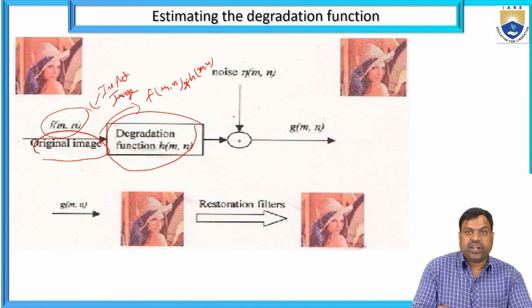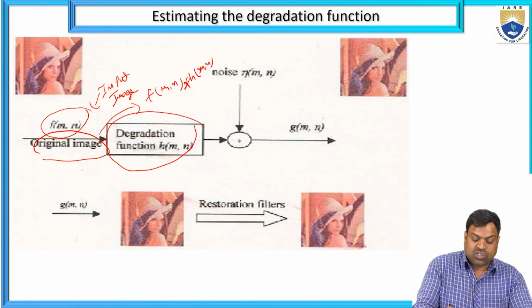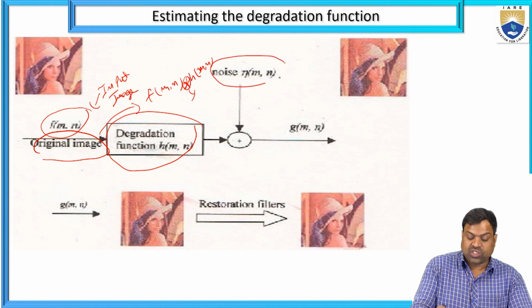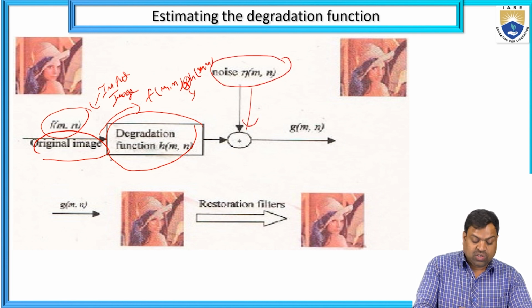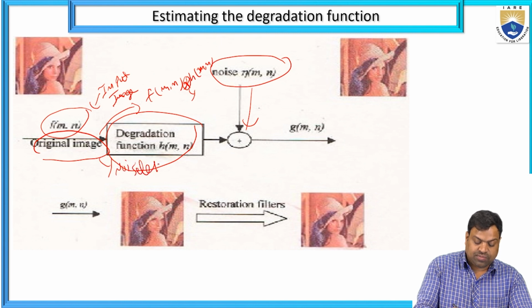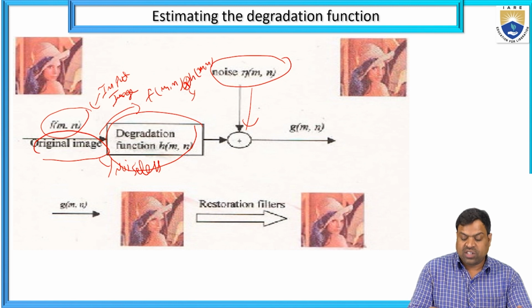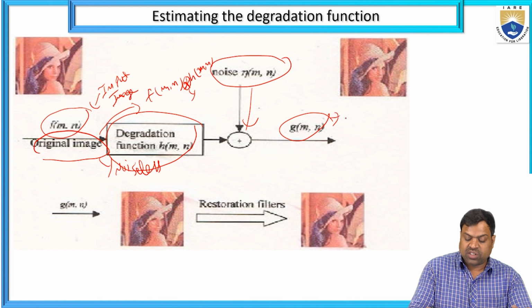Star is nothing but the convolution function. Here noise is added. In the original image, noiseless is there, but here noise is added to the original image. That means noisy is there. So g of m comma n is the output image.